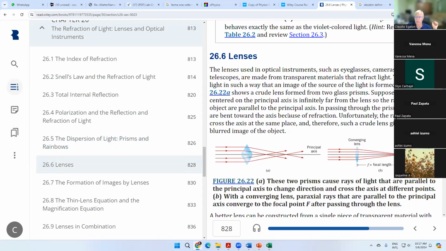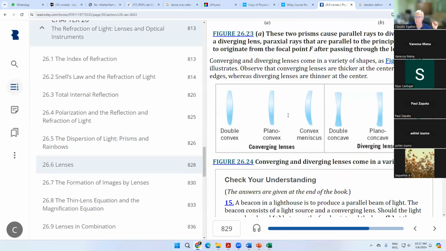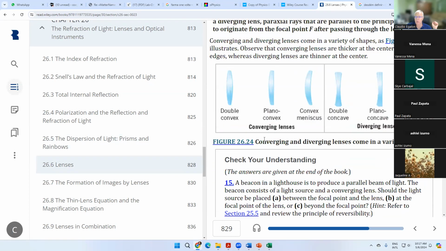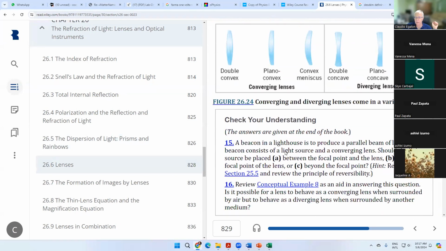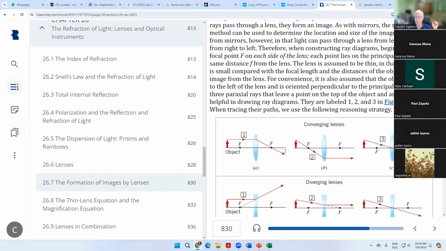We covered lenses. Here you go. Double convex, planar convex, meniscus, they call it convex concave. I call it convex concave, they call it convex meniscus. Planar convex, right? And diverging. Formation of image by lenses.